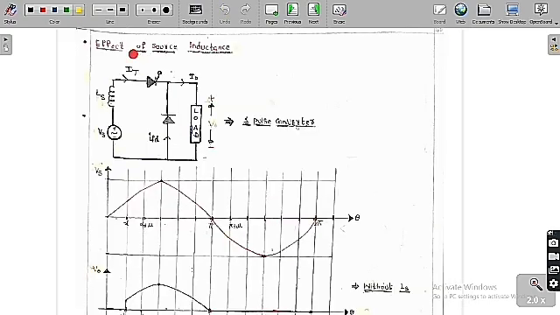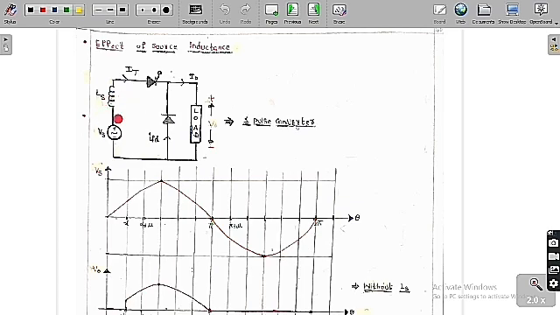Now we'll discuss a new concept, which is the effect of source inductance. This is basically a single phase source, thyristor, and a load, and here there is a freewheeling diode. Because of the source inductance, the source is going to have a small amount of inductance.